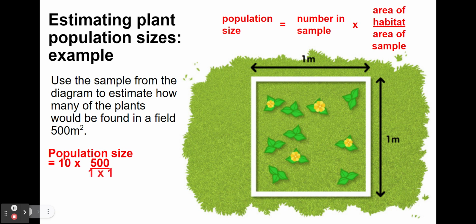I divide that by the area of the sample, and I can see the area of my sample is 1 meter by 1 meter. Once I do that equation, that leads to 10 multiplied by 500, which means there would be an estimate. Remember, this is not necessarily an accurate answer, but it is an estimate of 500 plants in the whole population.